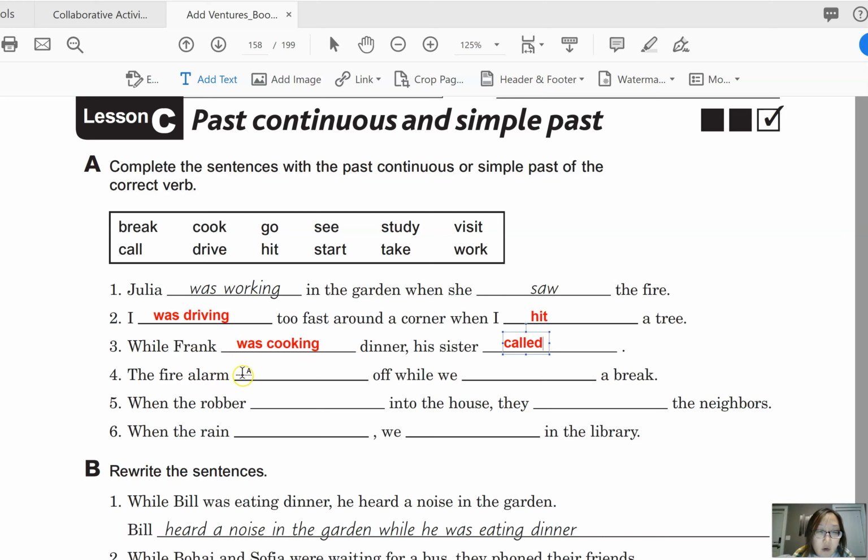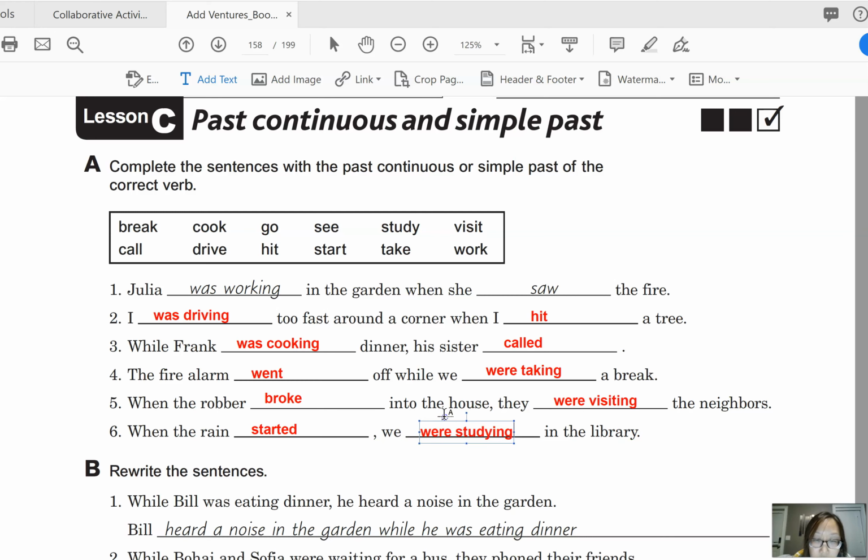Okay, number 4, the fire alarm went off while we were taking a break. Number 5, when the robber broke into the house, they were visiting the neighbors. Number 6, when the rain started, we were studying in the library.